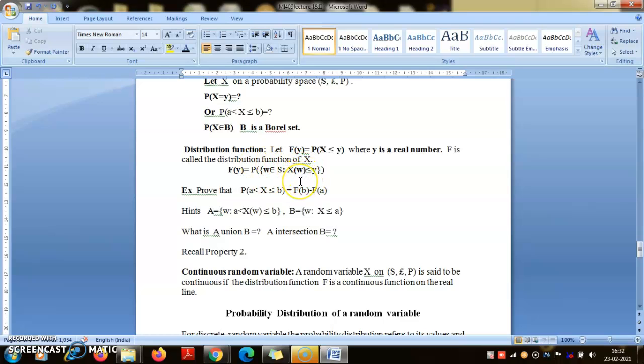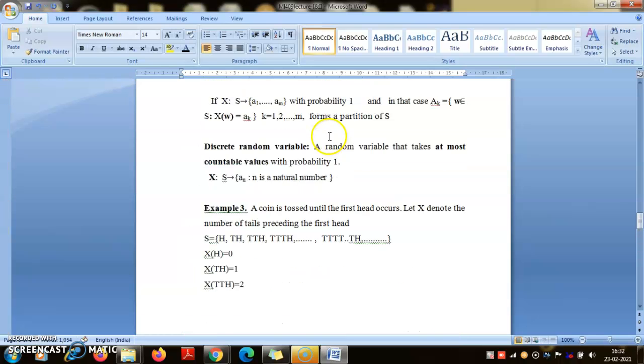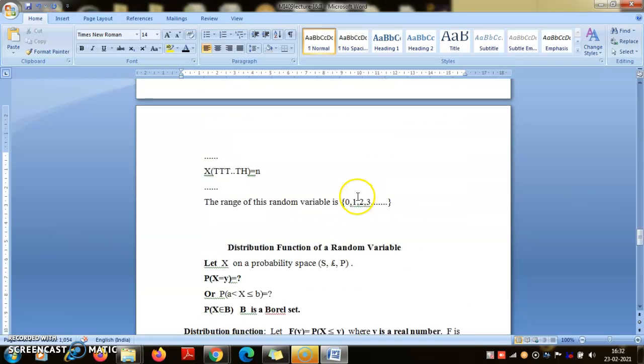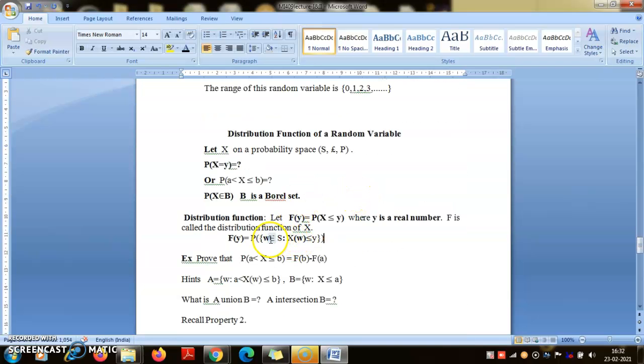Why is it an event? Because X is by definition a measurable map. That means this set belongs to F. Now F is a collection which is closed under complementation and union, so if you take the complement of this set, it will be in this collection by definition. Therefore the event that those points in the domain for which X(ω) is less than or equal to y is an event, so we can measure its probability.